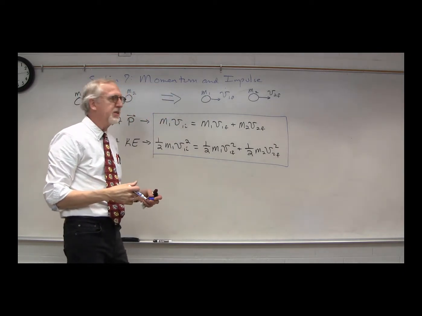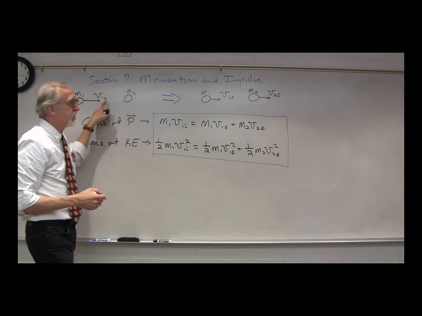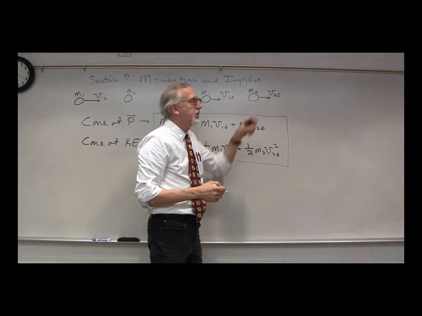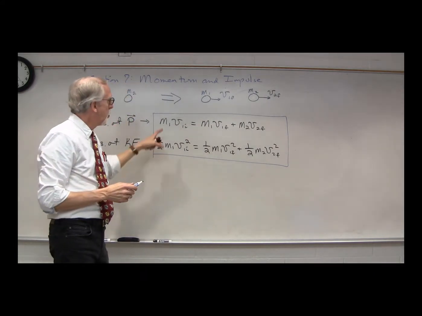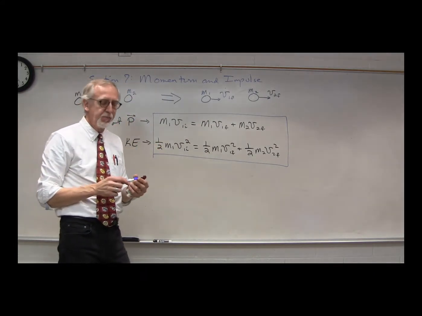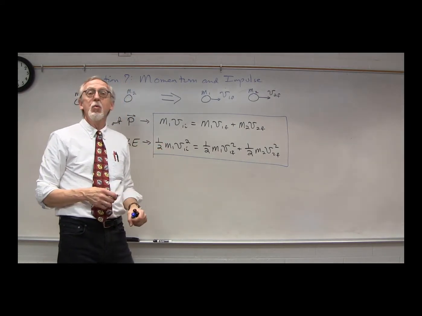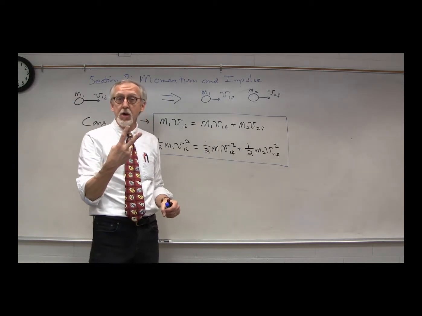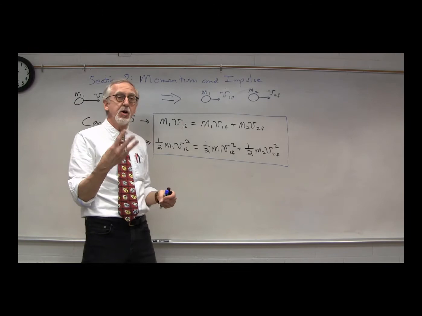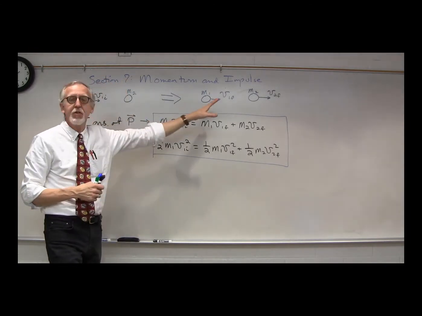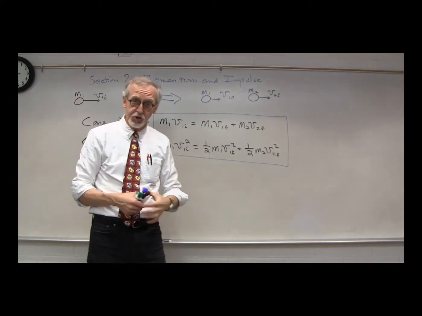Now, how many quantities do we have? Well, we've got m1, m2, v1 initial, v1 final, v2 final. So there are 5 variables that we're talking about. We have 2 equations. So with two equations we can solve for 2 unknowns, which means we need to know 3 of these variables if we want to use these equations to solve for the other 2.